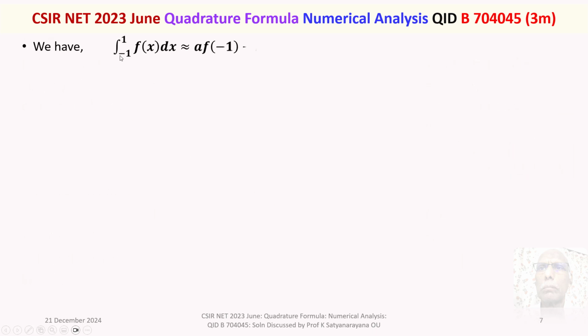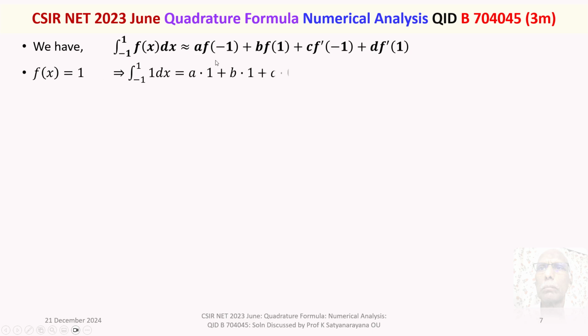We have the quadrature formula here, in which a, b, c, d are unknowns, and this formula is exact for x^k with k equal to 0, 1, 2, 3, because it has degree of precision 3. So we have to try f(x) equal to 1, f(x) equal to x, f(x) equal to x square, and f(x) equal to x cube.